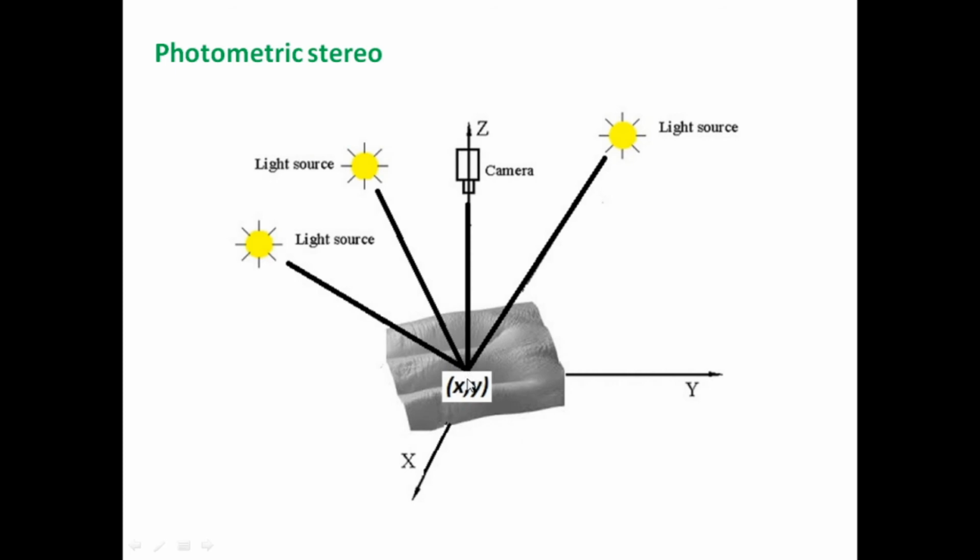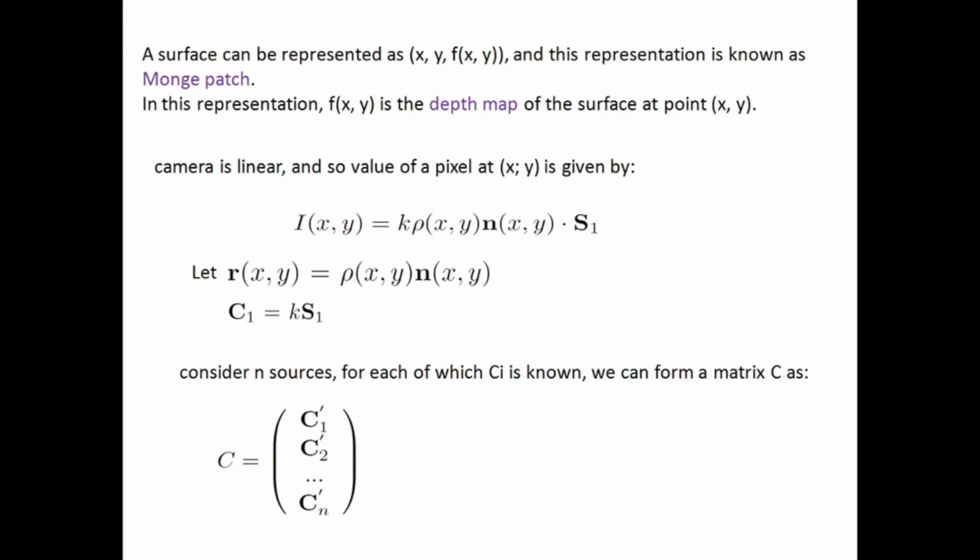This x comma y point is in some valley region. If you observe this point, it is in some upper region, and this point is in some lower region. As it is not a uniform surface, we have many ups and downs in this surface, so I may get different depth information.